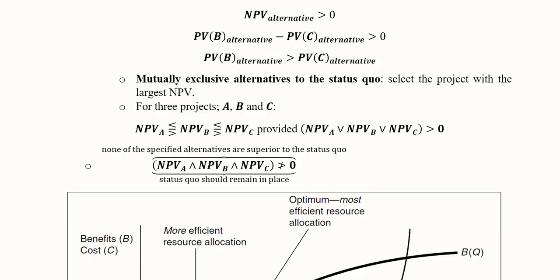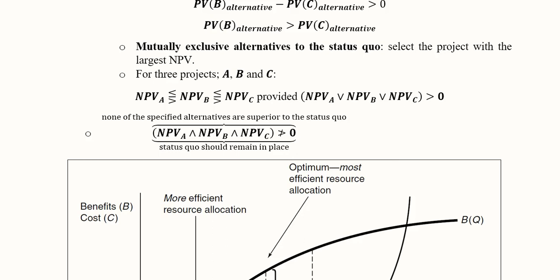So this is that situation. Another consideration is that the NPVs of the first, second, and third alternatives are non-zero, and in that case the status quo will be in place. So this is another way of writing the thing that we wrote here in this way.